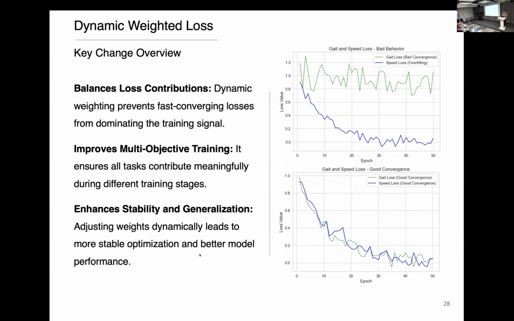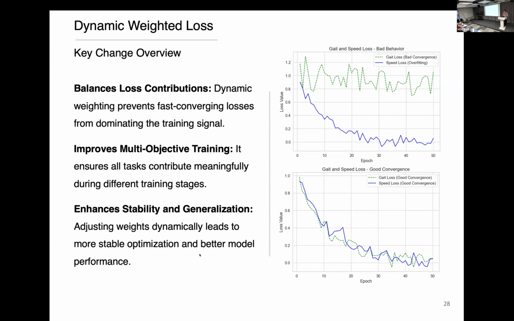And after that, we added dynamic weighted loss, because we saw that having multiple prediction heads results in a large loss function consisting of multiple smaller loss functions, and some of the losses were clearly dominating, started overfitting, and stopped contributing to the training process.